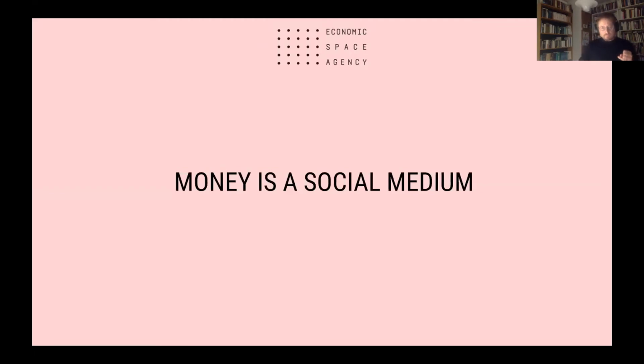What I mean by this, that money is a social medium, is that money expresses a certain sociality. It expresses a certain economic network where there are certain agents interacting according to certain shared agreements, certain protocols.